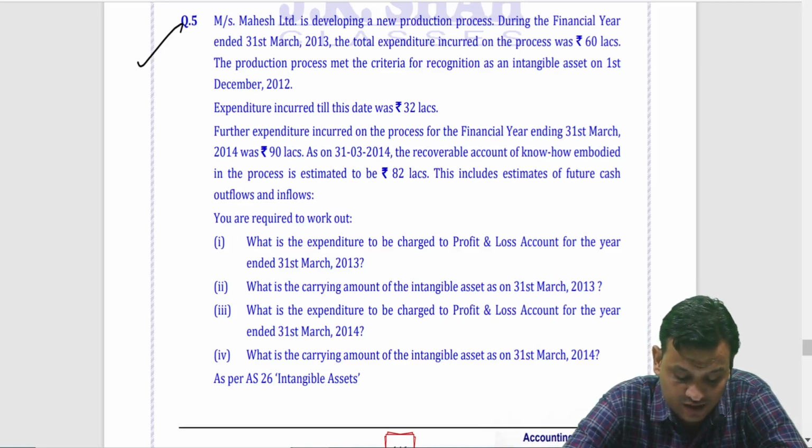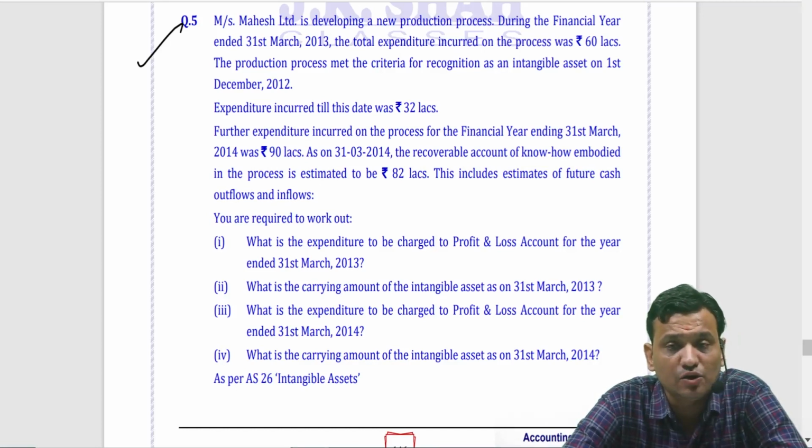Expenditure incurred till date was 32 lakhs. Further expenditure incurred on the process for the financial year ending on 31st March 14 was 90 lakhs. As on 31st March 2014, the recoverable amount of the know-how embodied in the process is estimated to be 82 lakhs. This includes estimated future cash outflows and inflows.